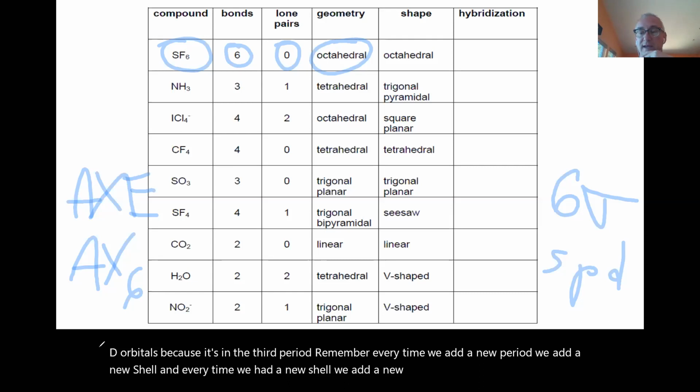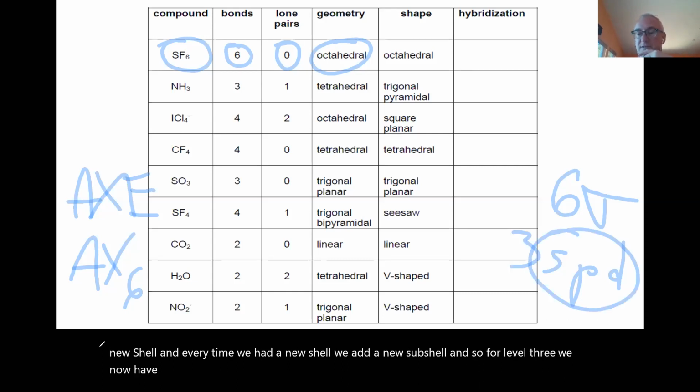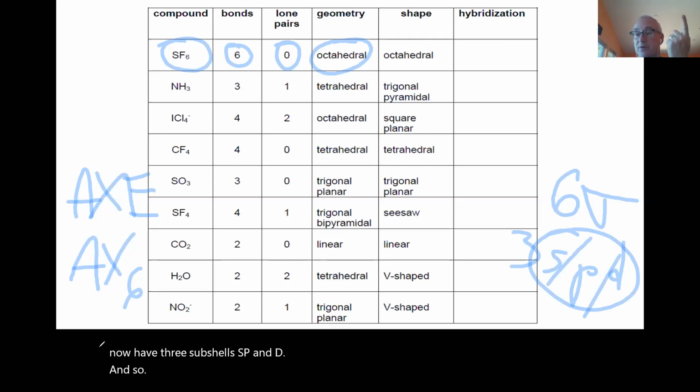So for level 3, we now have 3 subshells, S, P, and D. And so sulfur can put a lot more electrons than just 8 in there. If it makes 6 bonds, how many total electrons is that? 12. Yeah, it can fit 12 in its outer shell.